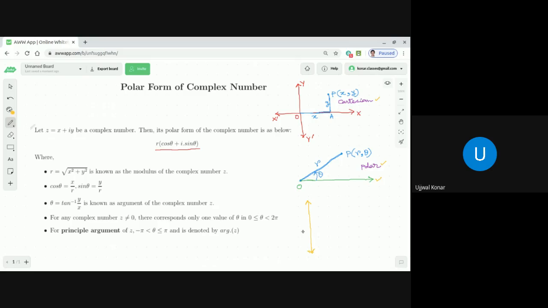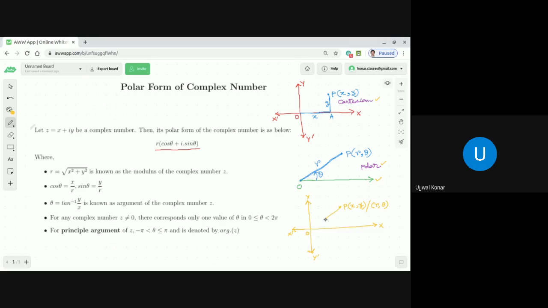I explained it yesterday, though I just want to touch base once more. So this is XOX', this is YOY', and there is a point P here with coordinate (x, y), and the same coordinate is (r, theta) in the polar coordinate system.